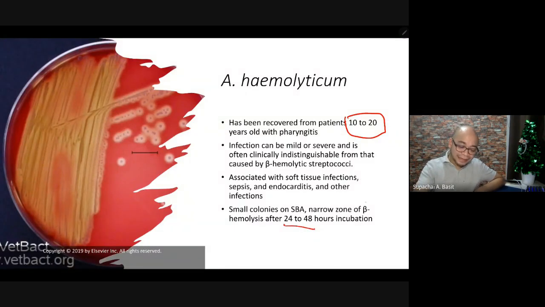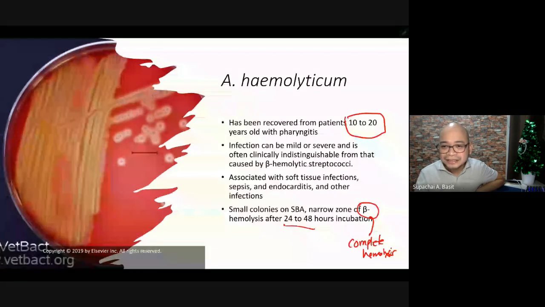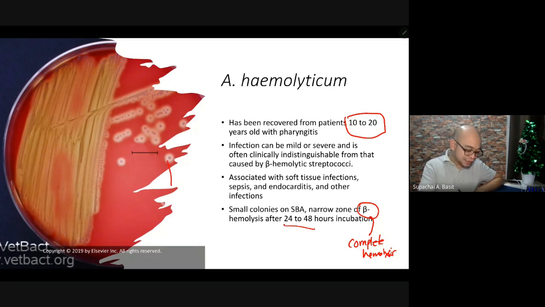Again, when you say beta hemolytic, it means that there is a complete hemolysis, and you will be able to see a colorless zone of hemolysis. That's what we mean by complete hemolysis.